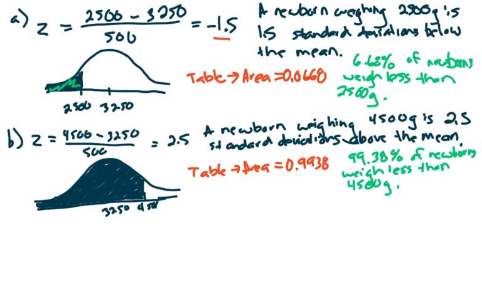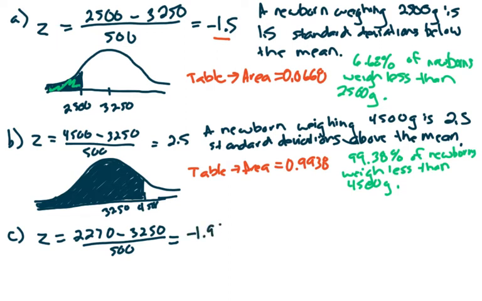All right, so what we're going to do is find a z-score for both of those. So for my first z-score, 2,270 minus our mean of 3,250 over our standard deviation of 500 equals negative 1.96.